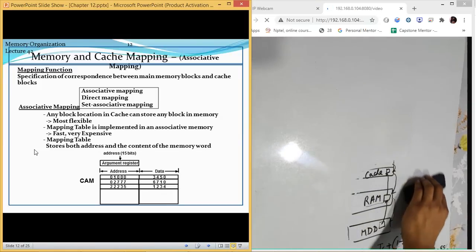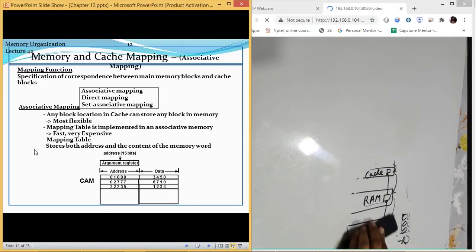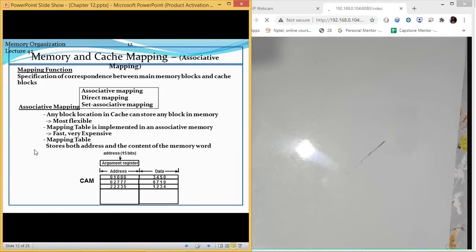So let us start. There are three different types which we are going to discuss throughout this class. The first one is associative mapping. We have discussed associative memory; now we are talking about associative mapping.